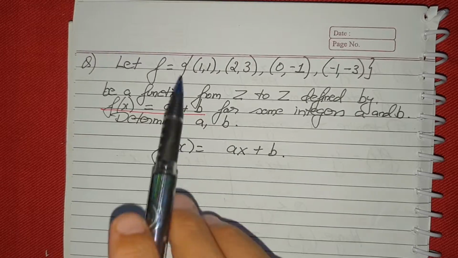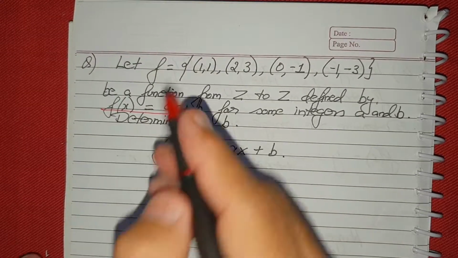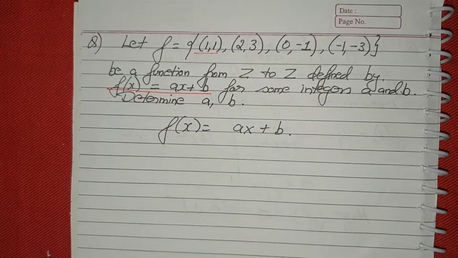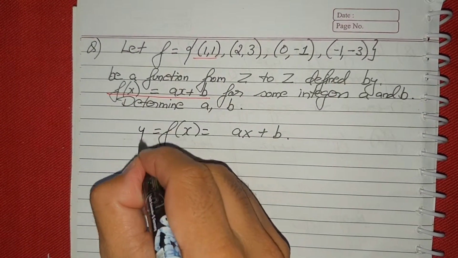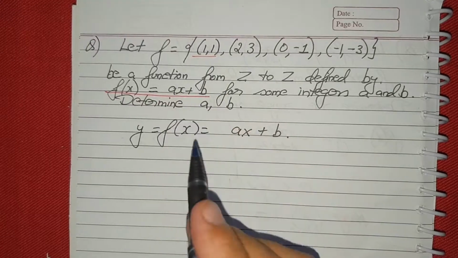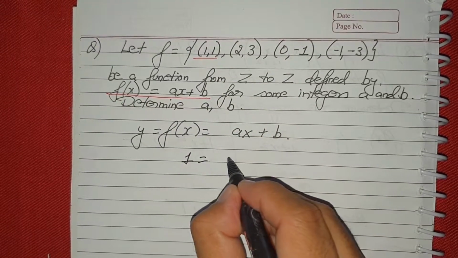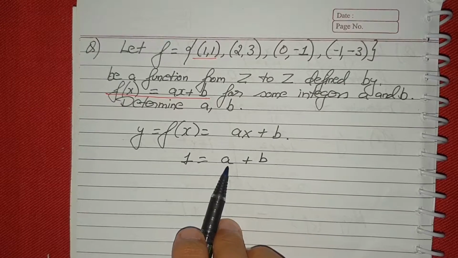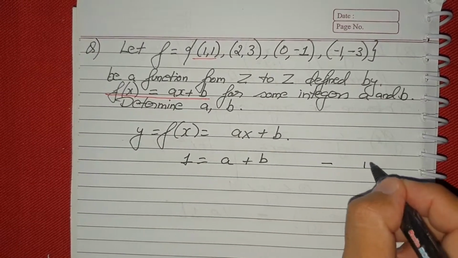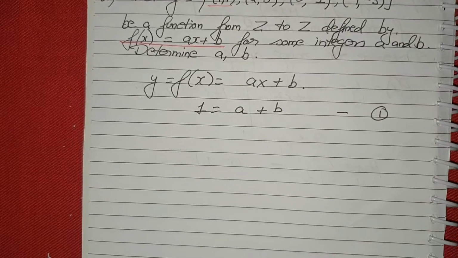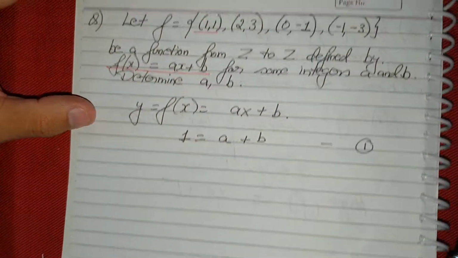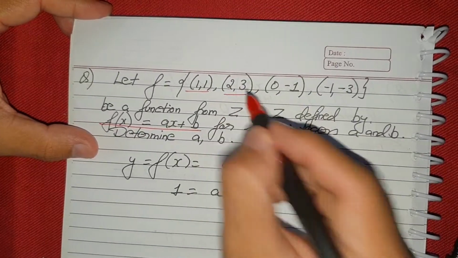Okay, so now substitute the values from this, like from this point first, (1, 1). So x is 1, y is 1. So taking this, 1 equals a plus b, because y is 1. So we have equation number 1: 1 is a plus b. Now again, take this one, (2, 3).